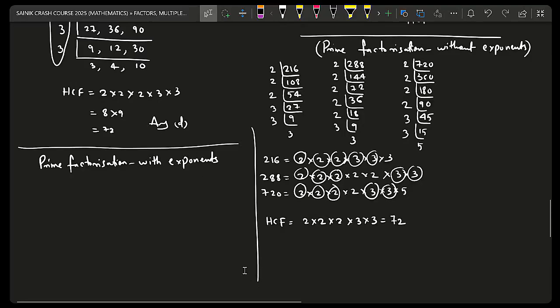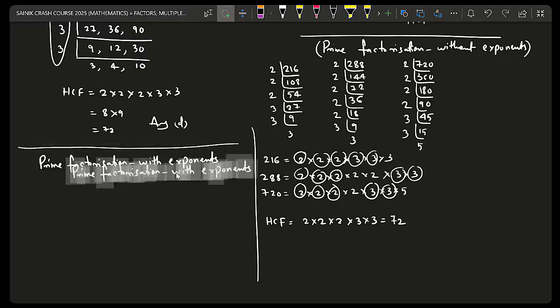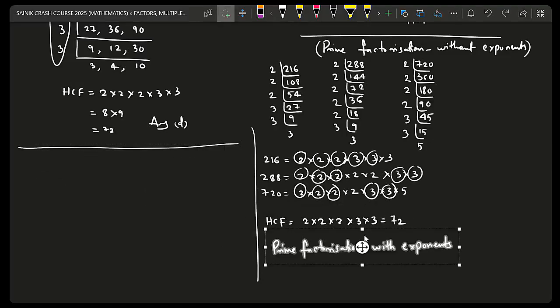You zoomed it or something. Zoom out if you have already zoomed in. No, sir. Okay, no problem. I'll be writing here. Is it visible now? Yes, sir.